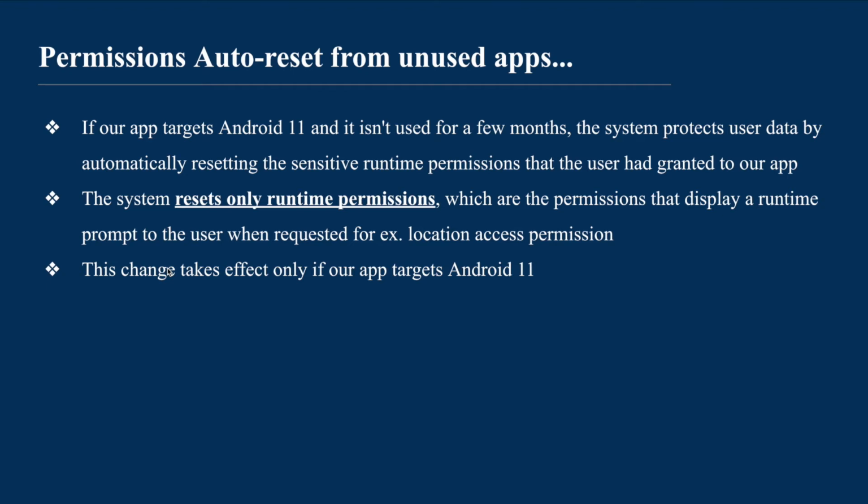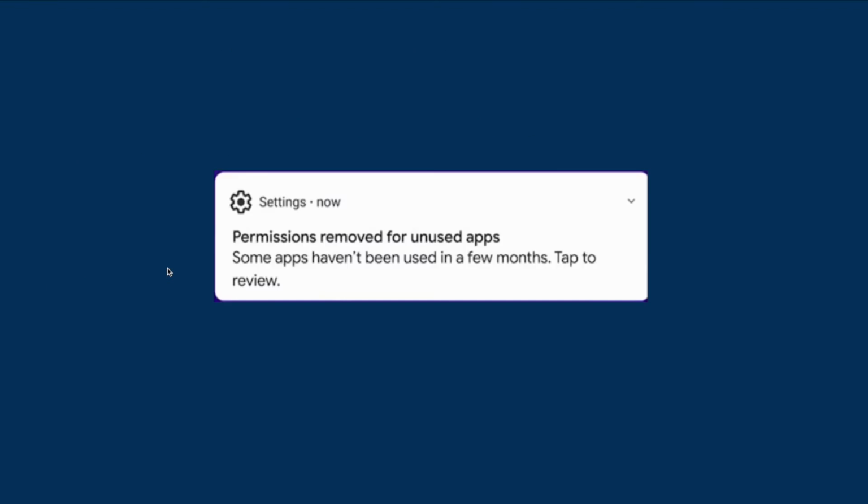Now the question is how the users will know that they have unused apps on their devices and the system has revoked permissions from those apps. For this, the Android system sends a notification to the users, which will look like the one on your screen, wherein it clearly says permissions removed for unused apps.